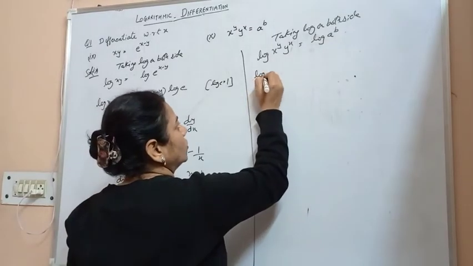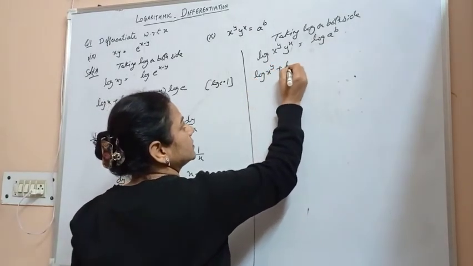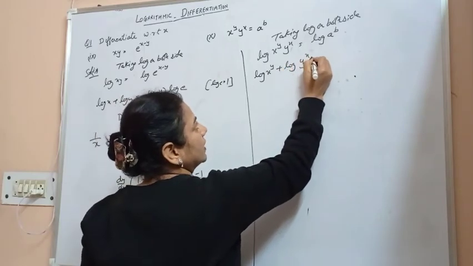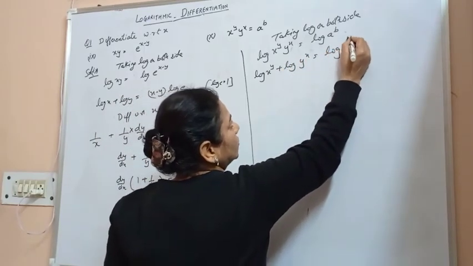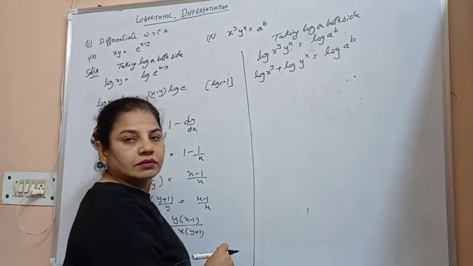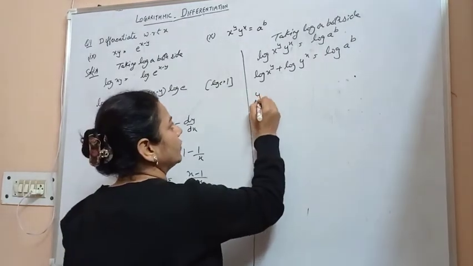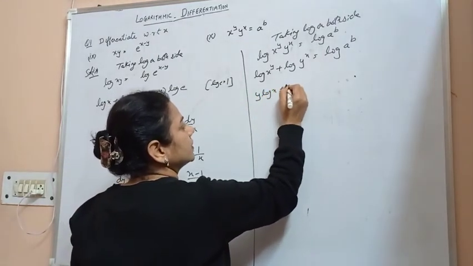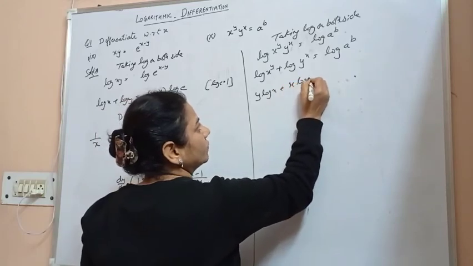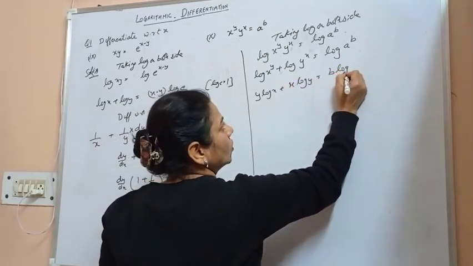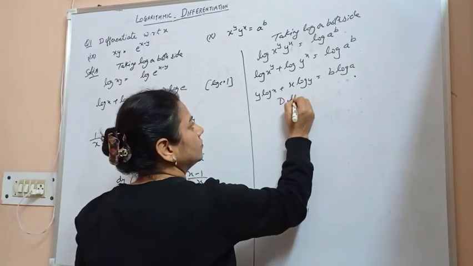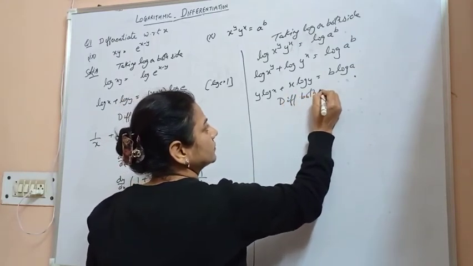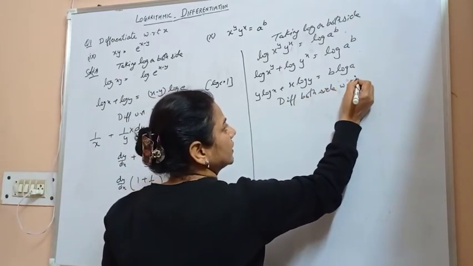So I get log x to the power y plus log y to the power x is equal to log a to the power b. Now taking the power in front, I get y log x plus x log y is equal to b log a. Differentiating both sides with respect to x.